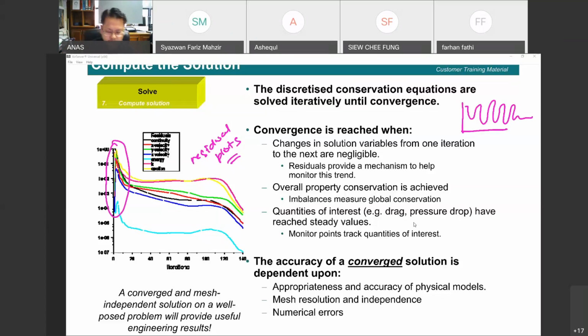Once it starts calculating, what does it calculate basically? All these values that you specify: velocity in x, y, z, and the turbulence. So what does it mean when you set the convergence value? For example, you set the convergence up until 100.